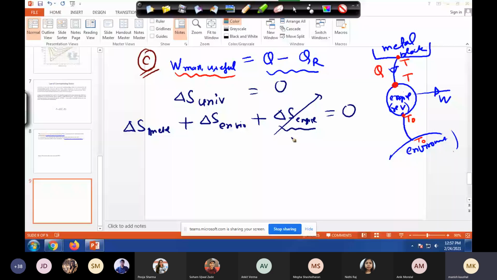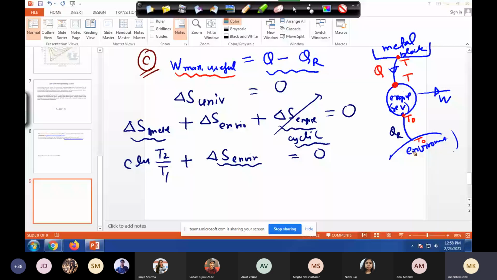Let's talk about delta S metal. We have just seen C ln T2 by T1. We know the value. Then delta S environment: we know that environment is a thermal reservoir and heat is getting rejected also reversibly.